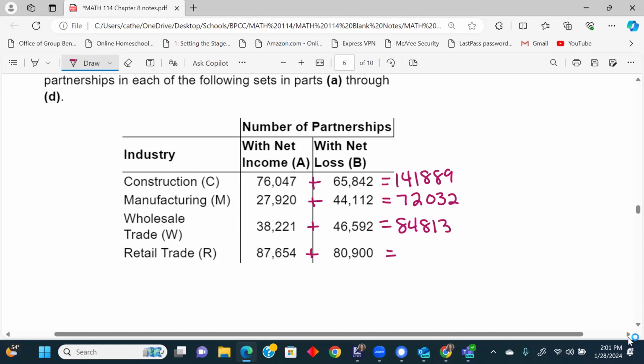Rows. And then I'm going to add down as well. I would suggest you either slow down or add these numbers twice. That way, when you go to answer the questions, you don't get it wrong because you didn't add things correctly.